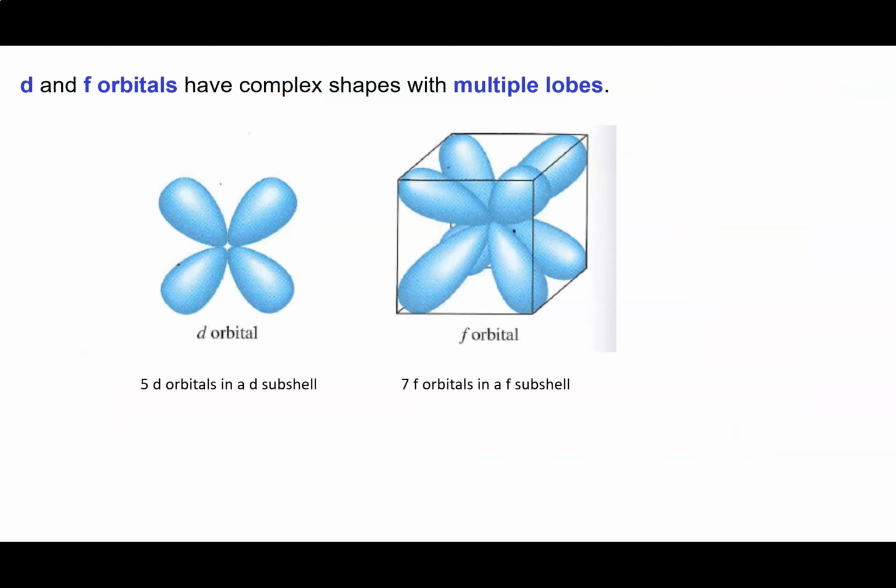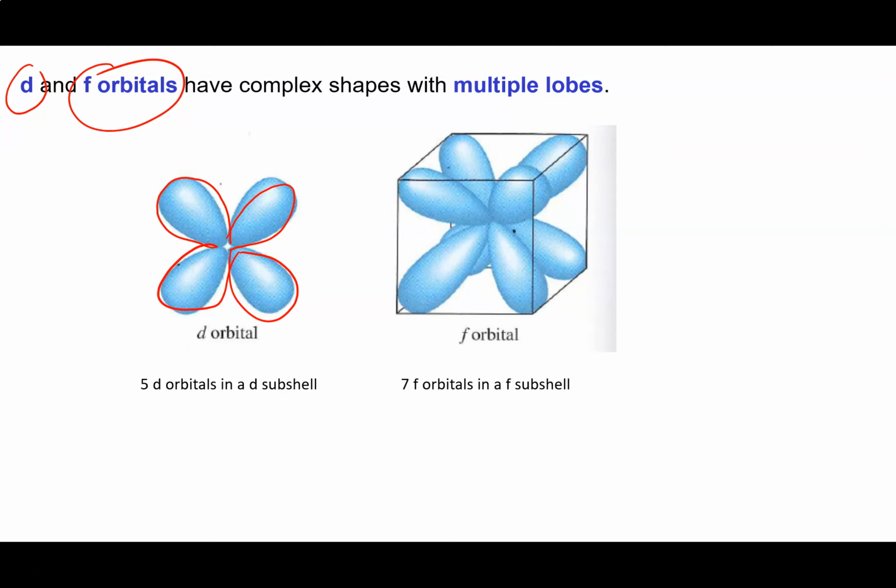D and F orbitals, they're really complicated as far as their shapes are concerned. You don't need to be able to draw these things, but you should be able to recognize a D or an F orbital. D orbitals commonly have 4 lobes, okay? And then F orbitals most commonly have 8 lobes or more than 4 lobes.